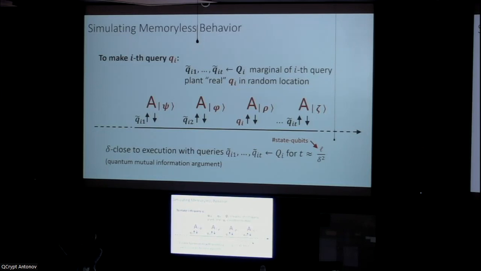Let's look at the state at the end: how much information does he have about the real query? At most delta bits of information. And we can make delta as small as we want by making T bigger, so T needs to be L over delta squared. So we have control over this delta.